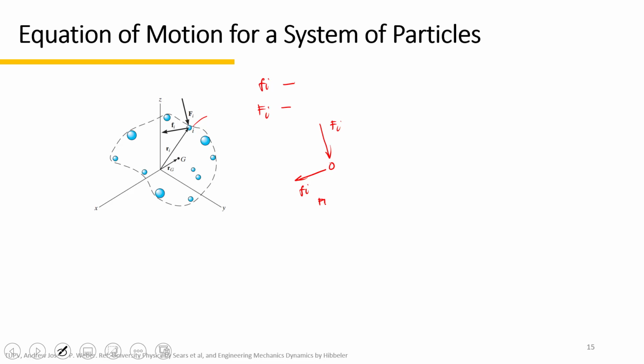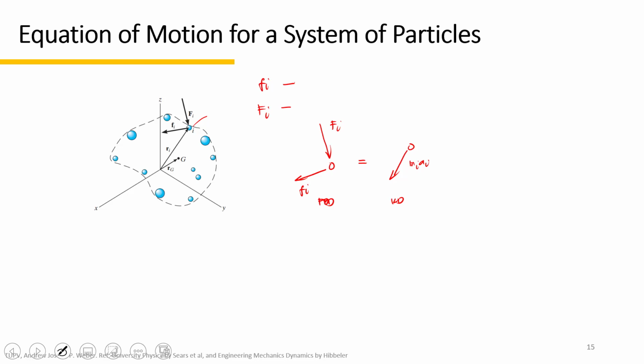This is the FBD. And if we draw the kinetic diagram, this would be the m_i a_i. And of course, these two graphics are equivalent.